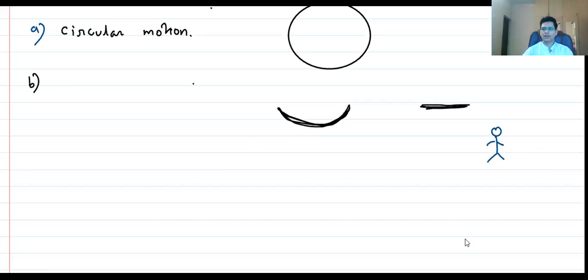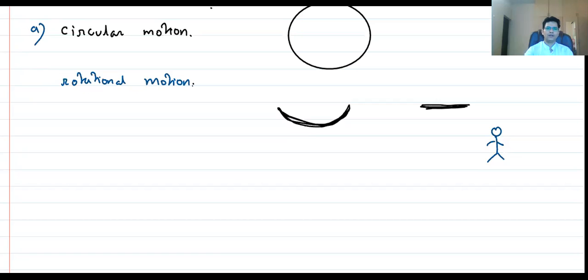Since they are rotating, that kind of motion is called rotational motion. Got it? Yes or no?